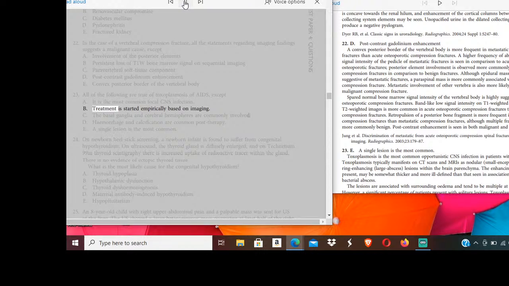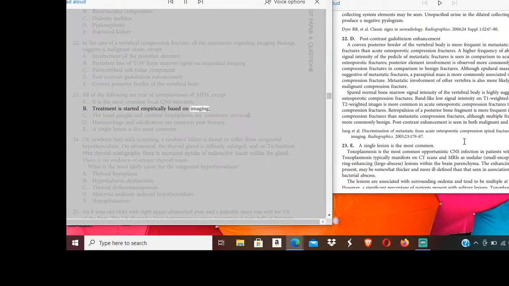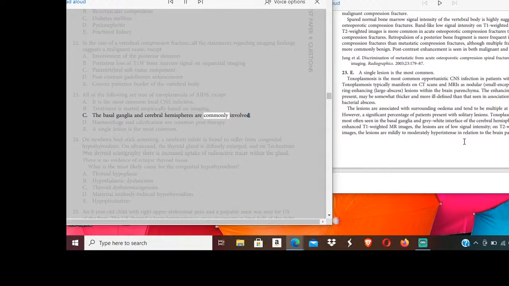B. Treatment is started empirically based on imaging. C. The basal ganglia and cerebral hemispheres are commonly involved. D. Hemorrhage and calcification are common post-therapy. E. A single lesion is the most common.